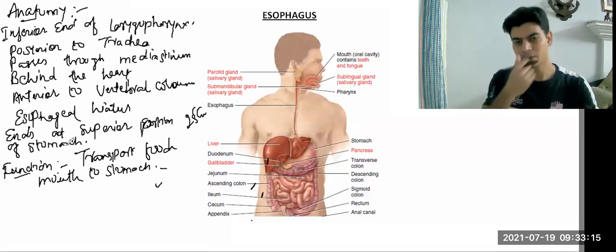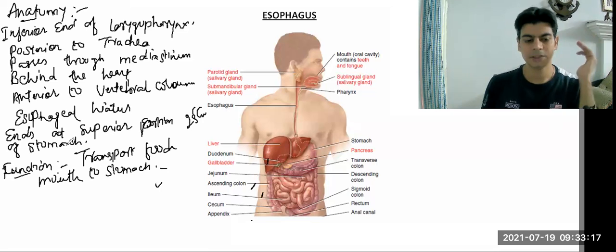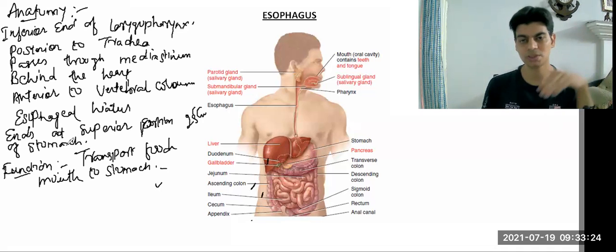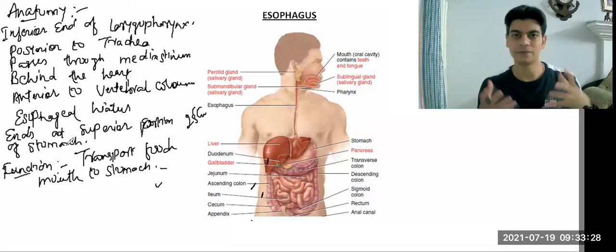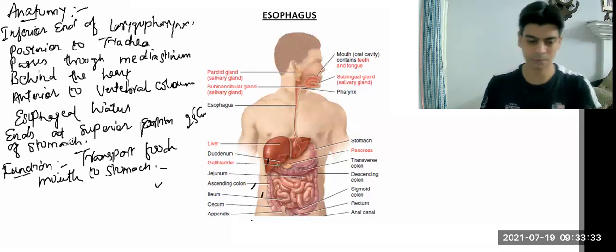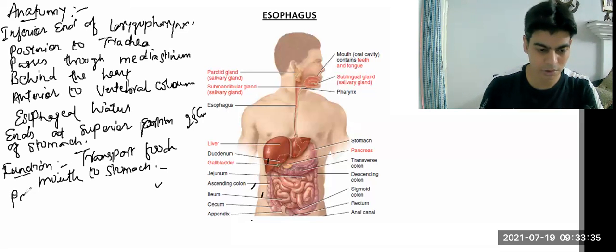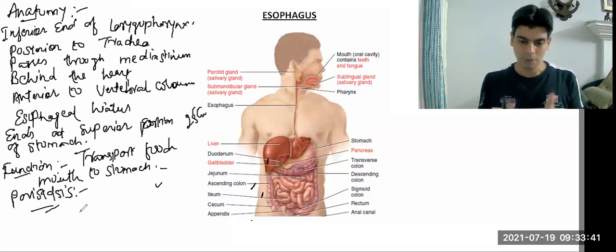Its function, which we have just seen, to transport food from the mouth to the stomach, is aided by some waves. We call that phenomenon peristalsis. This is very important related to the esophagus.